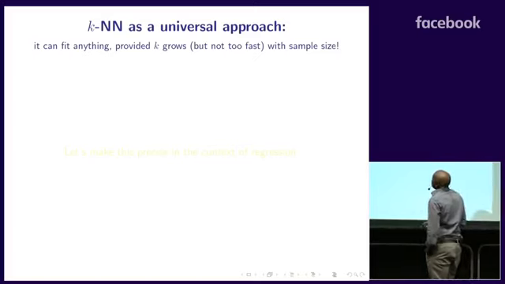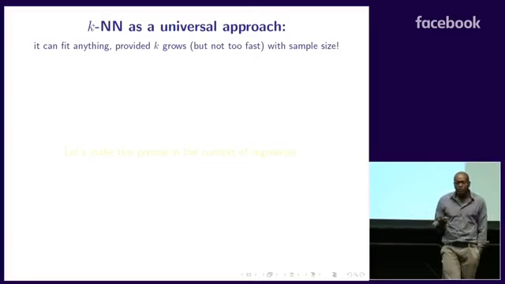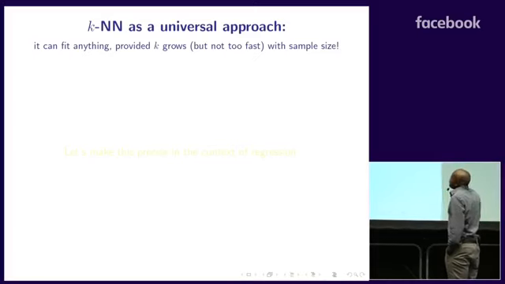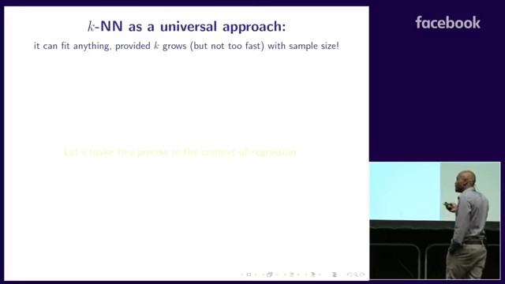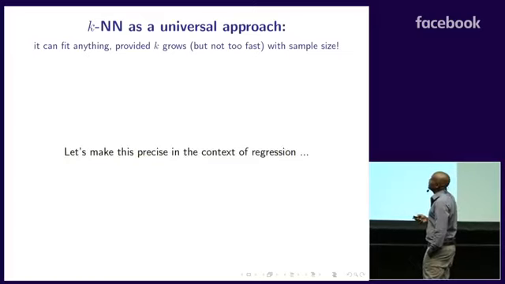So KNN, as a universal approach, can fit anything, provided that you let the number of nearest neighbors grow, but not too fast with sample size. As the sample size increases, you have to let the number of nearest neighbors grow, but not too fast. I'll become a bit more precise soon.